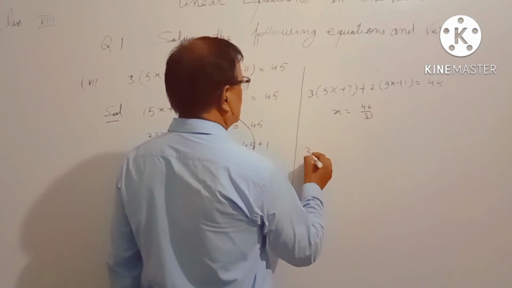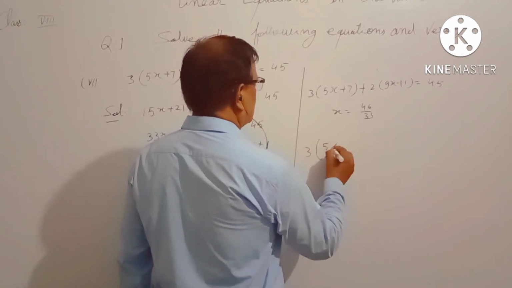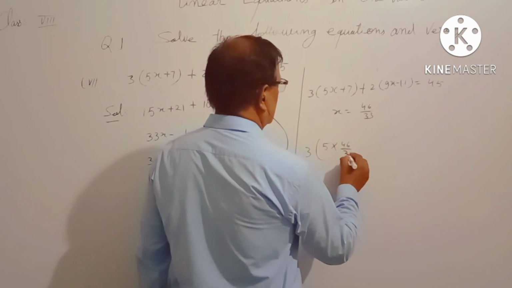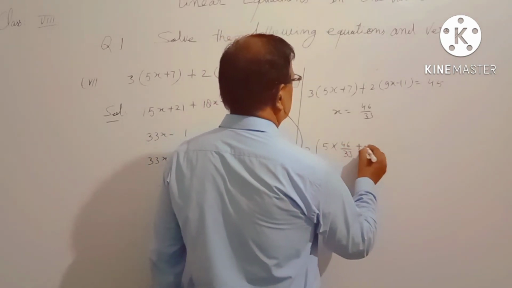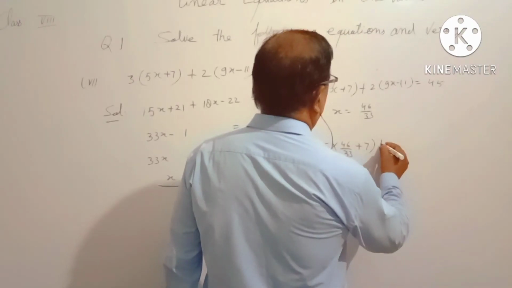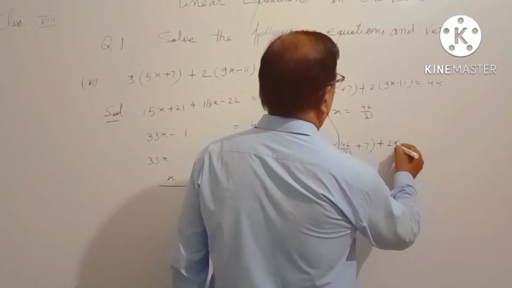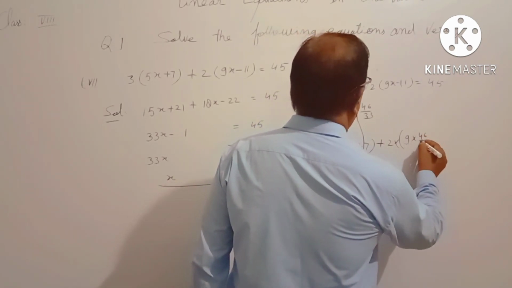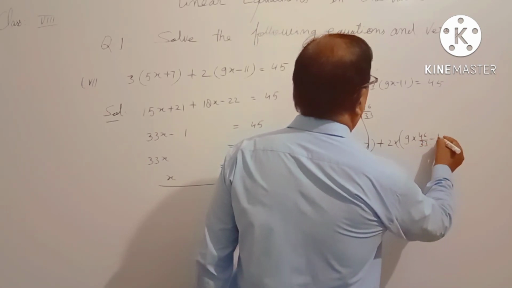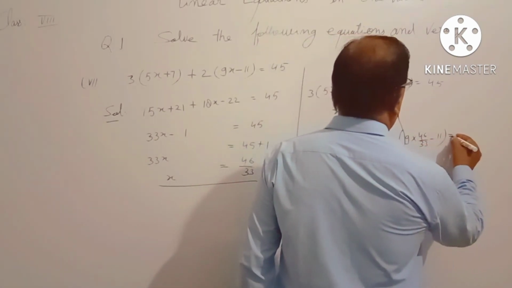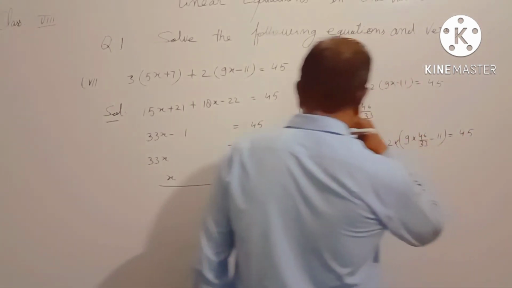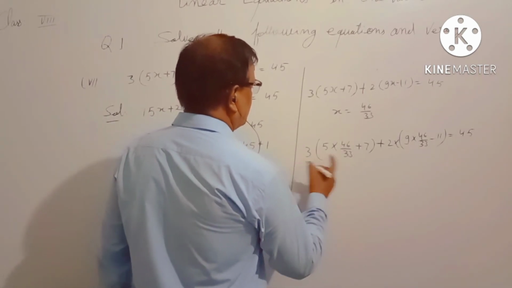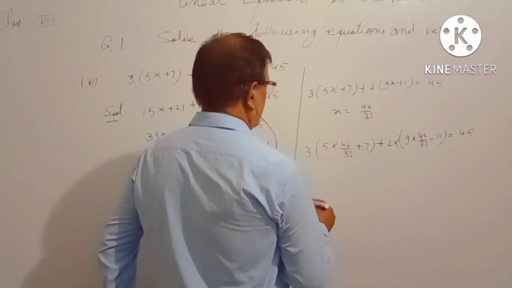Now we write here 3 into 5 into 46 upon 33 plus 7. It is plus 2 into 9 into 46 upon 33 minus 11 equal to 45. Now we see here it is not possible to cancel. Now we will multiply by 3 and solve it.